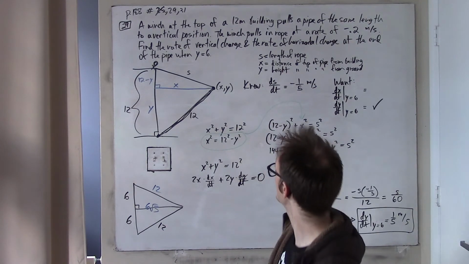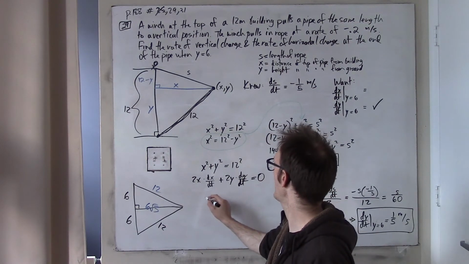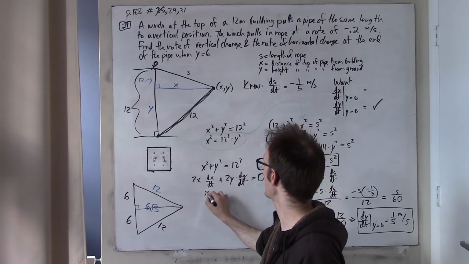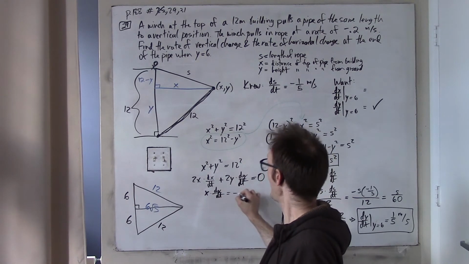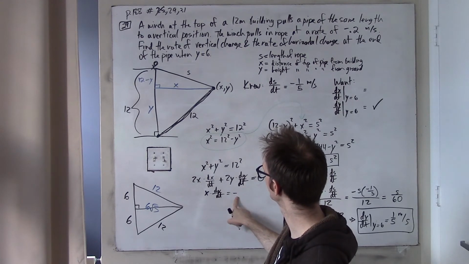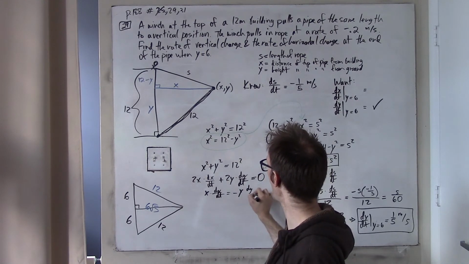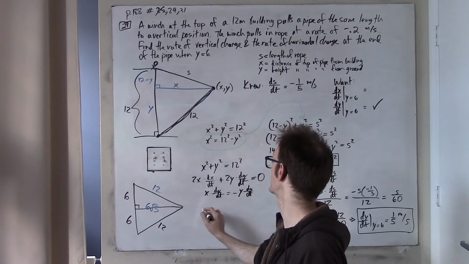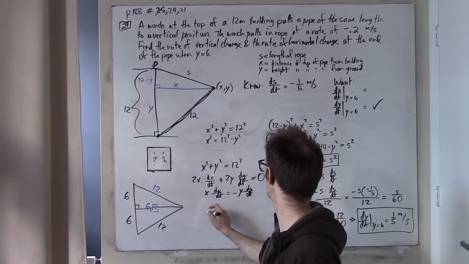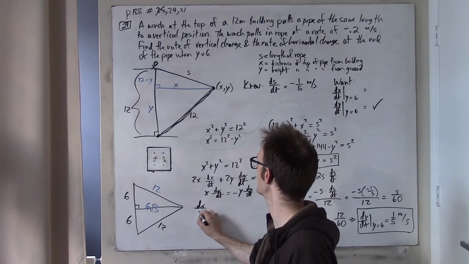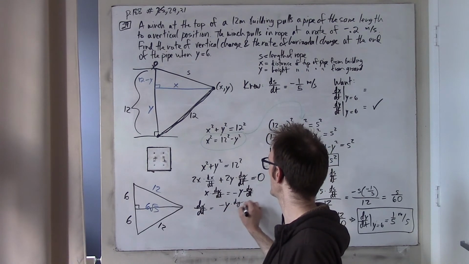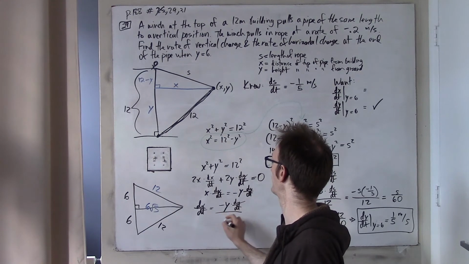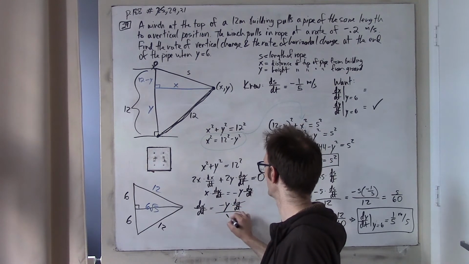So the 2's cancel, and what do I get? I get x dx dt equals negative y dy dt, and so what is the formula? The formula in general for dx dt is negative y dy dt over x.